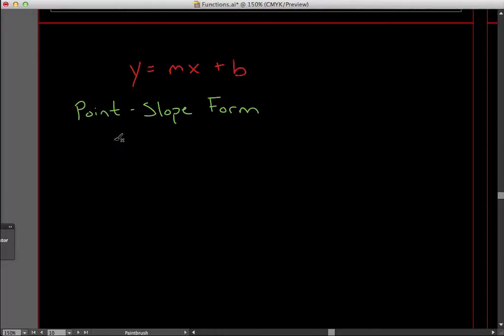So point slope form is described as y minus y1 equals m times x minus x1.